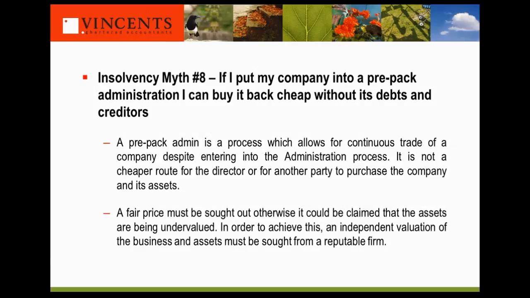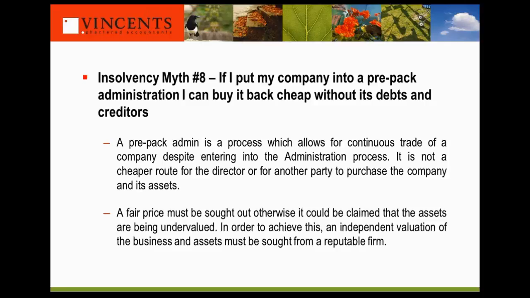Insolvency myth number 8. If I put my company into a pre-pack administration, I can buy it back cheap without its debts and creditors. This scenario is one we're seeing more and more frequently these days, this pre-pack administration. For those who mightn't be aware, a pre-pack administration is essentially where a valuation is taken of the business at a particular point in time.